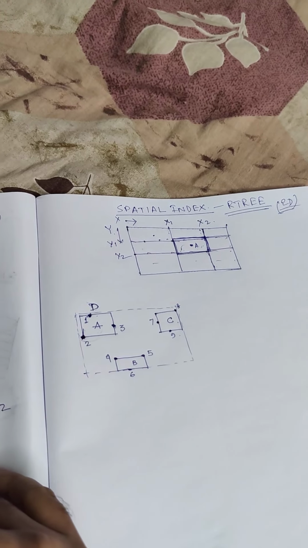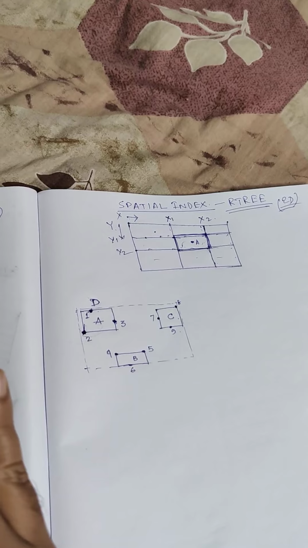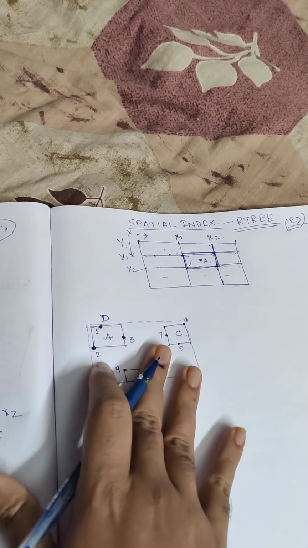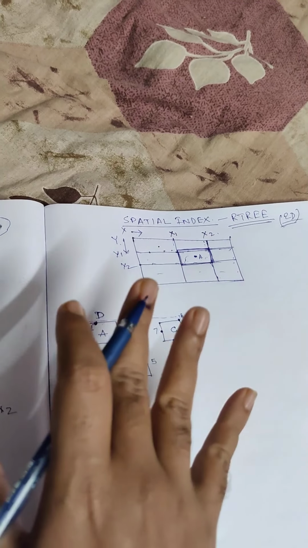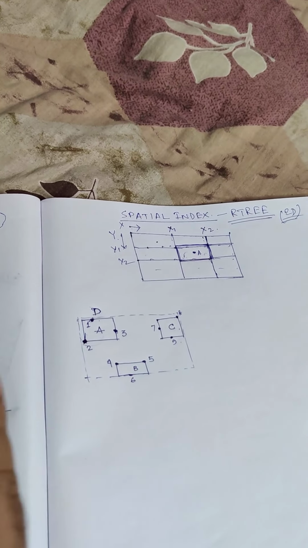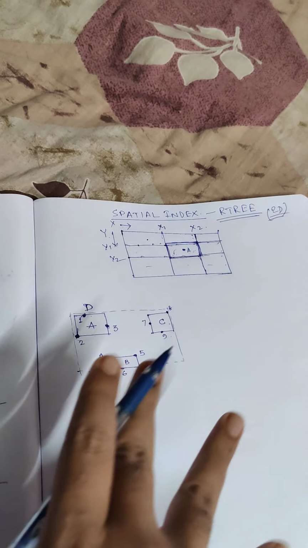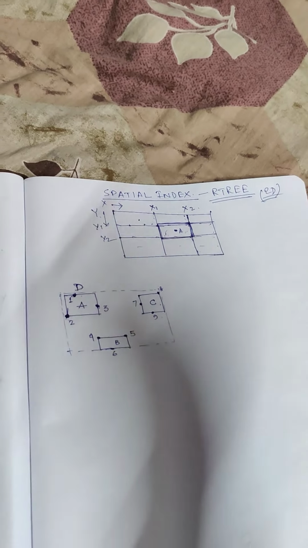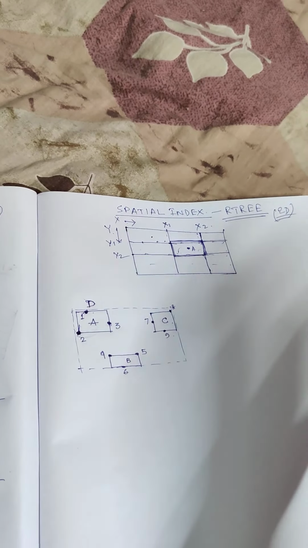Now think that every box is actually a bounding box, right? Second thing, every box has 3 elements.